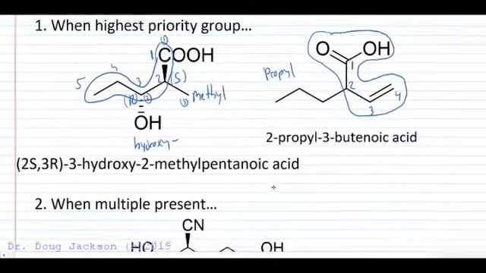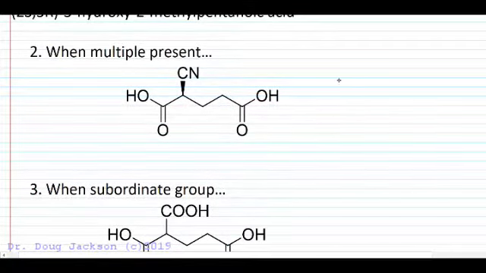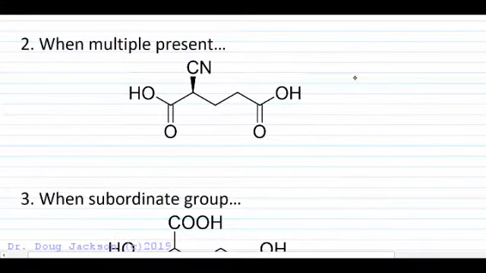All right, so putting that name together. Now, for our next scenario here, we might have more than 1 carboxylic acid present. In this case, we can put a 1 on either, but we need to lower the cyano group that is subordinate. It's a nitrile, but it's lower in priority than a carboxylic acid.